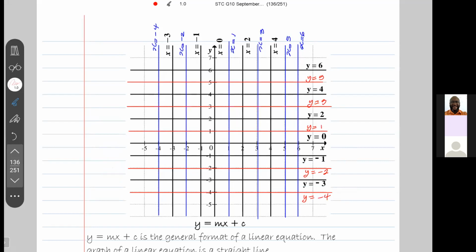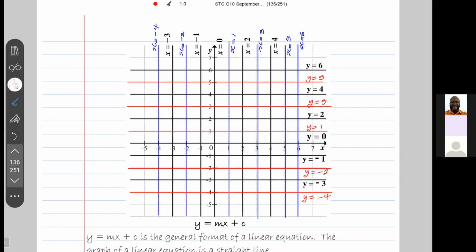So the horizontal lines are y lines. The equations of the horizontal lines are y lines. So we have y is equal to 6, y is equal to 5, y is equal to 4, y is equal to 3, y is equal to 2, y is equal to 1.